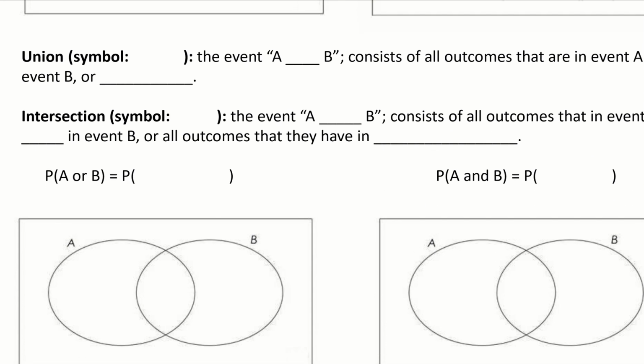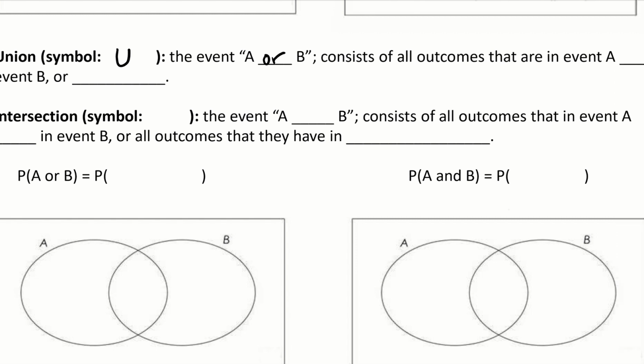Okay, so union. There are a couple of operations that you need to know how they work in probability and in set theory as well. But in terms of probability, the union, the symbol that we use is sort of like a capital U. So that's known as union, and the definition is the event A or B. So sometimes we just refer to it as or, which is the union of the two events.